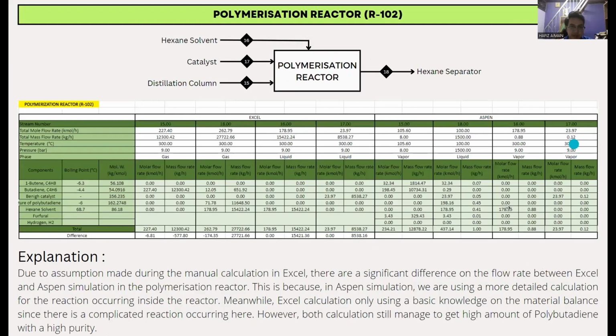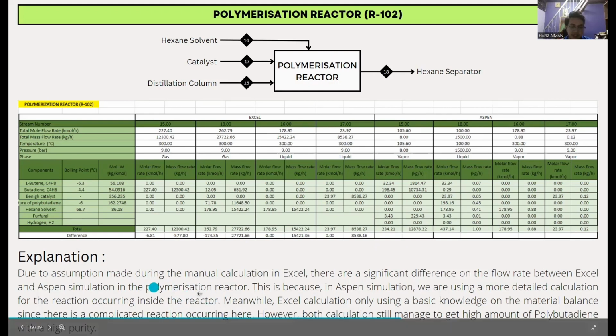Lastly, the polymerization reactor. Due to the assumption made during the manual calculation in Excel, there is a significant difference in the flow rate between Excel and Aspen simulation in the polymerization reactor. This is because in Aspen simulation, we are using a more detailed calculation for the reaction occurring inside the reactor.